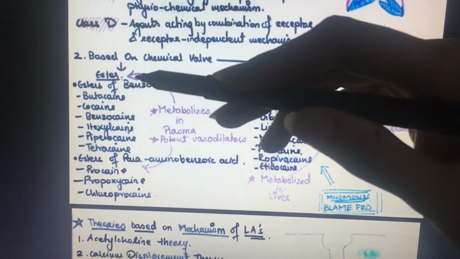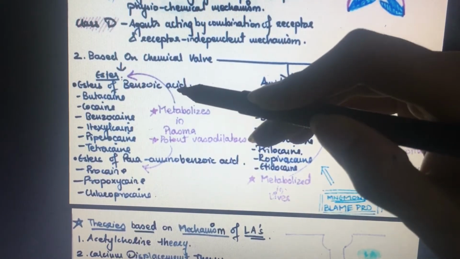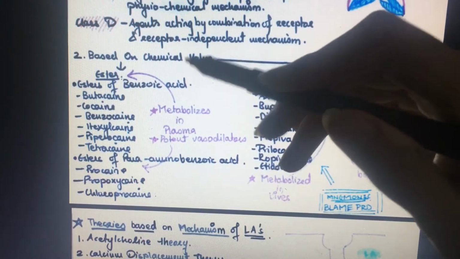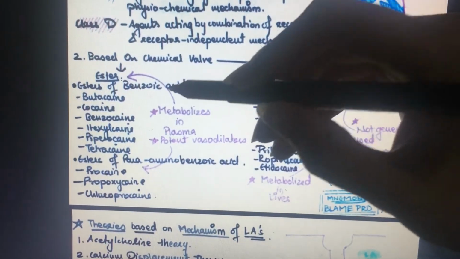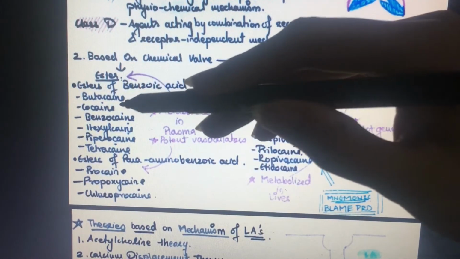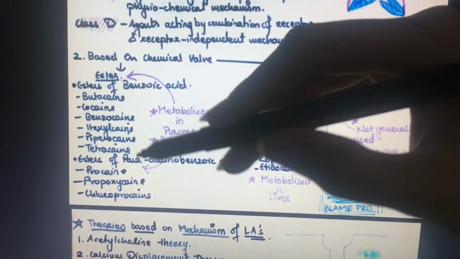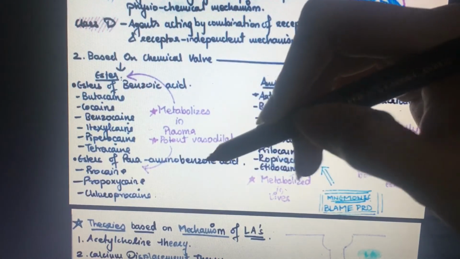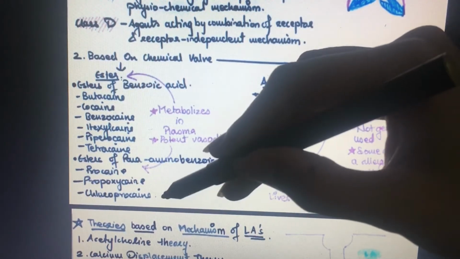Okay. So the examples for these: first one is based upon the esters of benzoic acid and second one is the esters of para amino benzoic acid. Examples of these are butacaine, cocaine, benzocaine, hexylcaine, piperocaine and tetracaine. Examples for para amino benzoic acid are procaine, propoxycaine and chloroprocaine.